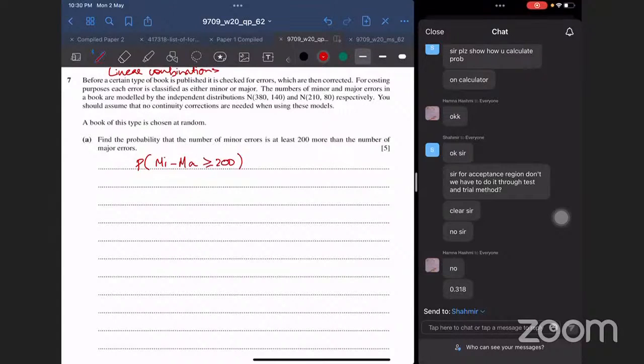That is what I'm asking you. So मेरा एक नया variable construct हो जाएगा which is called difference.